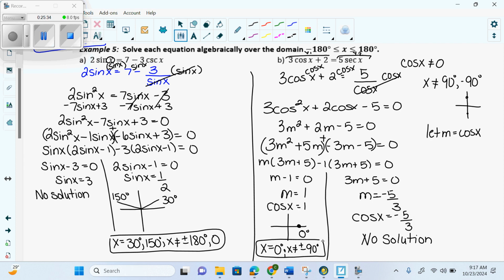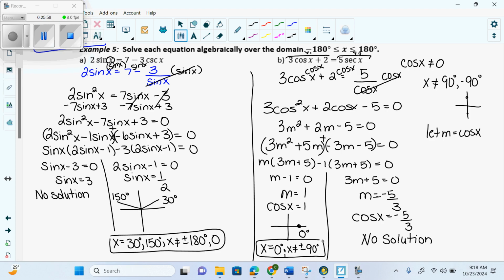Do you guys type it into your calculators? If you're like, how do I type in secant? Remember my comment? If you don't know how to type in something, what do you go to? Starts with an F. Your formula sheet. On your formula sheet it says secant is 1 over cos, correct?